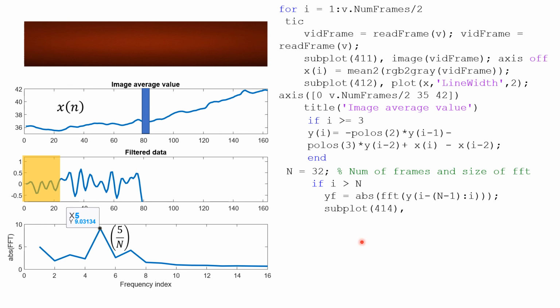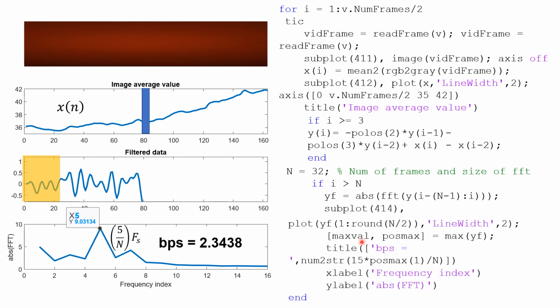Of course, I need to normalize it, so I divide by the length of the FFT, which is n, and multiply by the sampling frequency, and that tells me that within that yellow block, my beats per second will be 2.3438, which lies in the range that I was expecting. That is what happens with these operations.